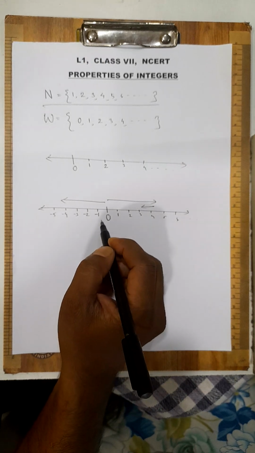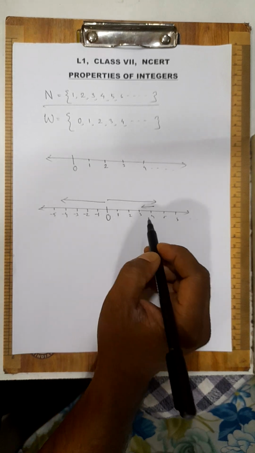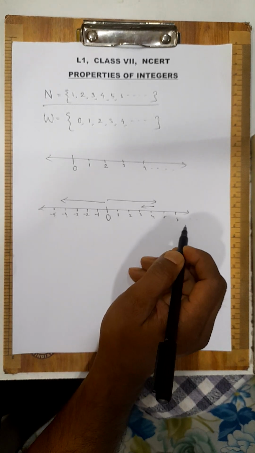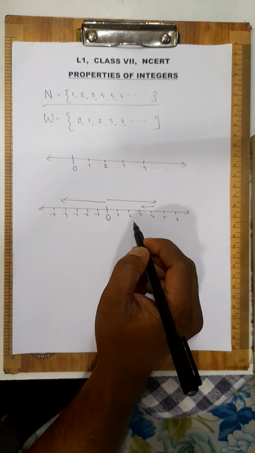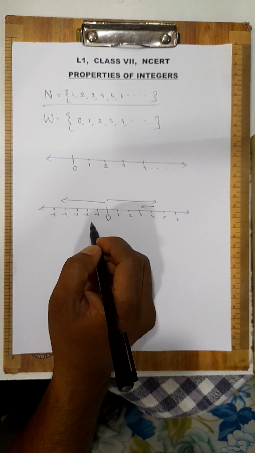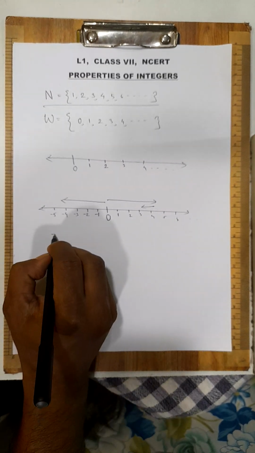So negative integers are on the left hand side of 0, positive integers on the right hand side of 0. That means the whole numbers together with the negative numbers are called integers.